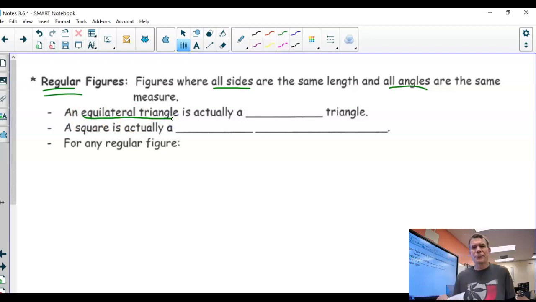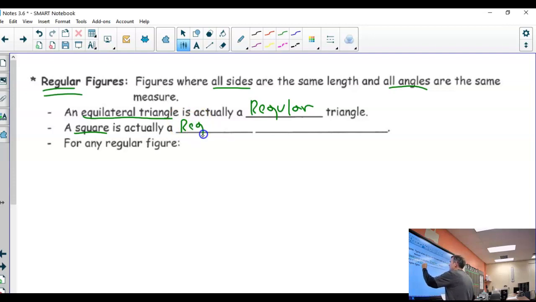That's a triangle where all 3 sides are the same length. That could be called a regular triangle. However, when it's a triangle, we just call it an equilateral triangle. A square. A square is actually a regular.